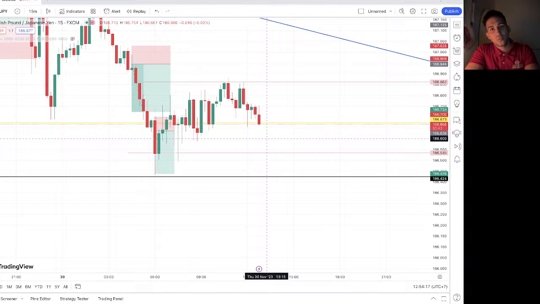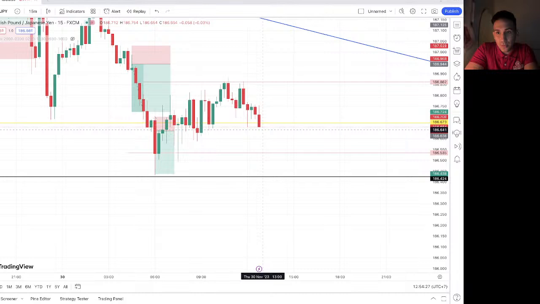So if I were to take this trade after this candle closes, then I see some sort of support, and then past this area, then yes, I will try to make some profit here.